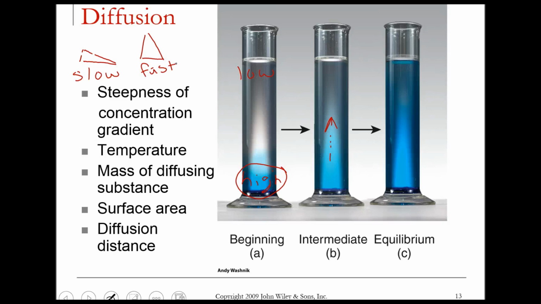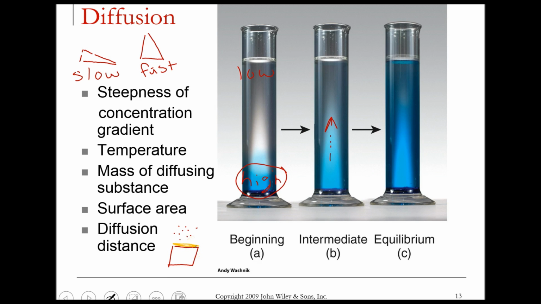Next, the surface area. Now, this is where your cells in your body really can alter how fast diffusion will occur. For example, if you were looking at a cell lining your intestine, and it was just simply a cube-shaped cell, we had all sorts of particles getting ready to diffuse in. Those particles are limited by the area across which they will diffuse.